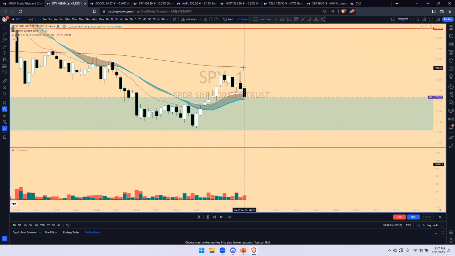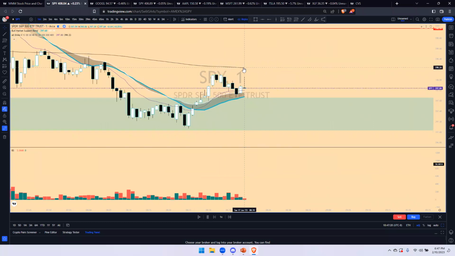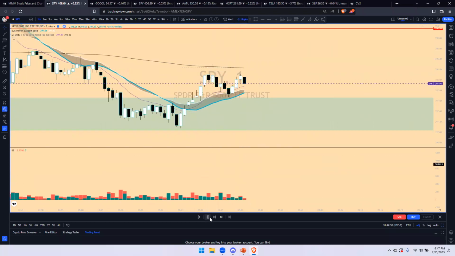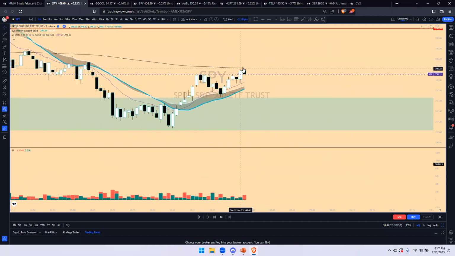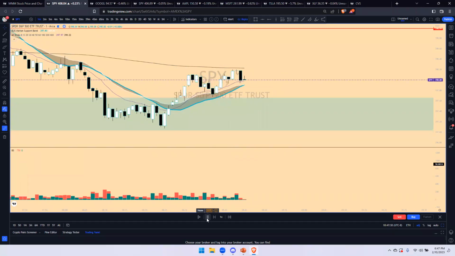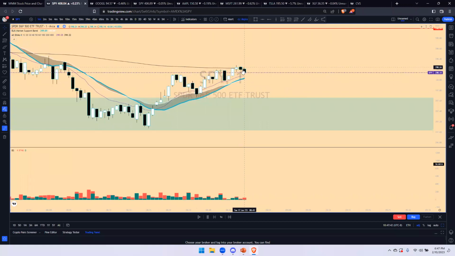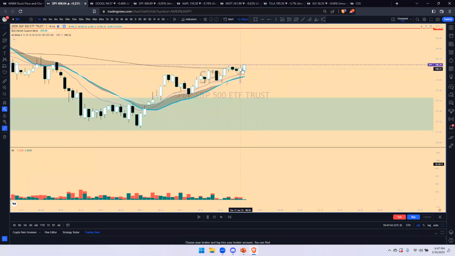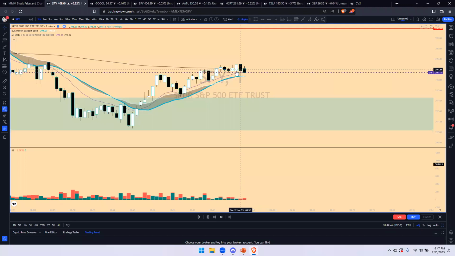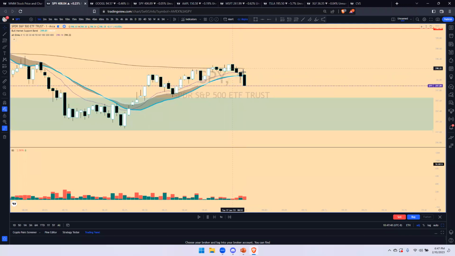Again, here's the 200. If I was in this, I would be out of my position at this 200. See how it's catching resistance at this 200? This is why this is a perfect profit target for this strategy, especially if you're going to use it on a 0 day.